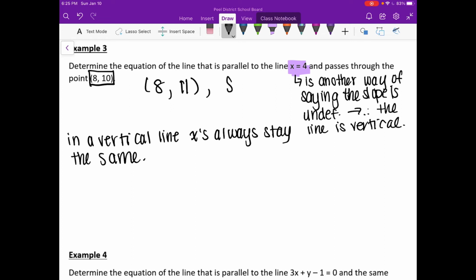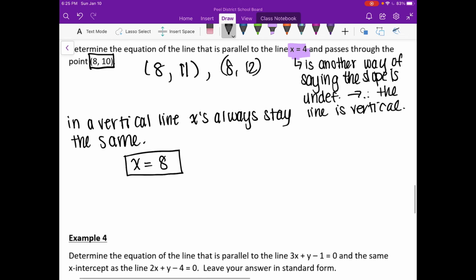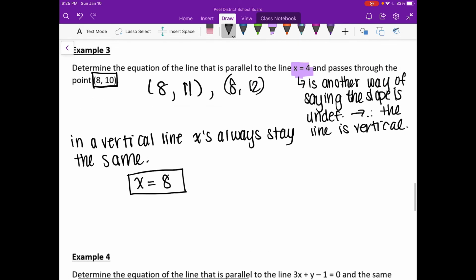And then we're going to have 8 and 12, and so on and so forth. Our x is always going to stay the same, so we're going to say x equals 8 is the equation of that line, because x is always going to equal 8 regardless of where in the line that is. Okay?